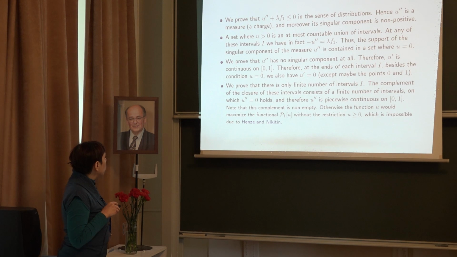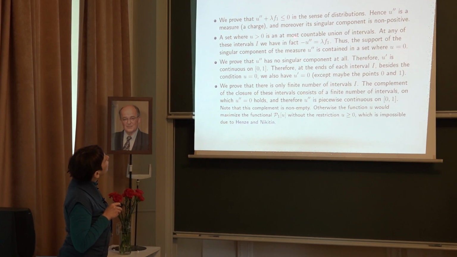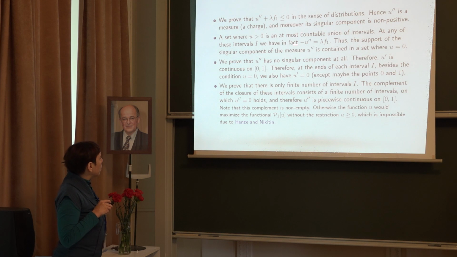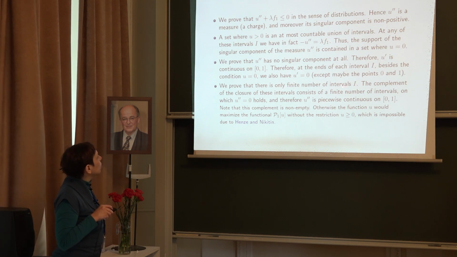And then we prove that first we said that at most a countable union of intervals is possible as a support of the measure, but now we see that not countable, but only a finite number of intervals is possible.